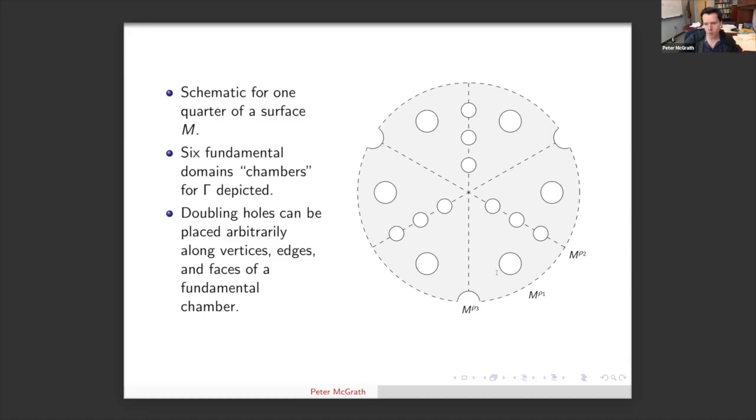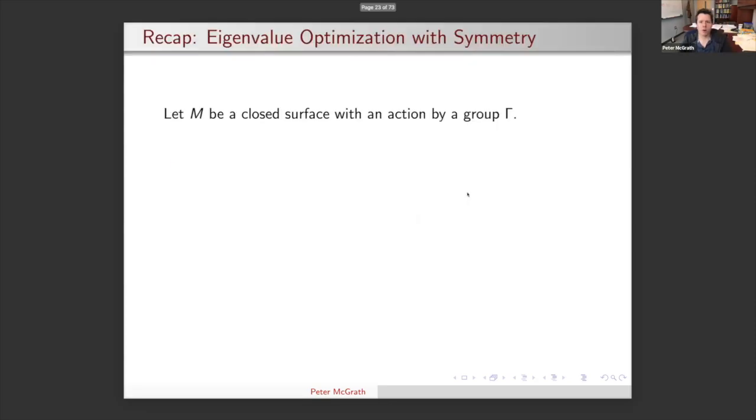And as I mentioned before, the construction allows you to make all those choices, how many you have along this edge, along the interior of the face, or along the vertices. They're completely arbitrary and independent choices. Okay, so that's basically the topological level on which our construction works.